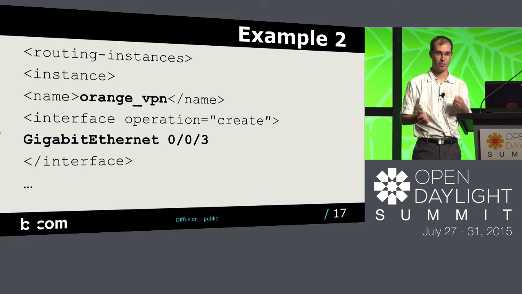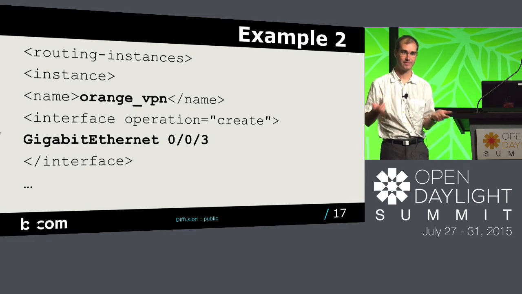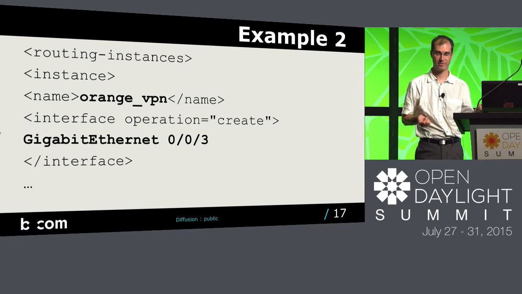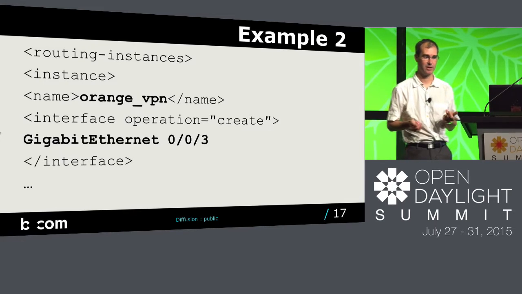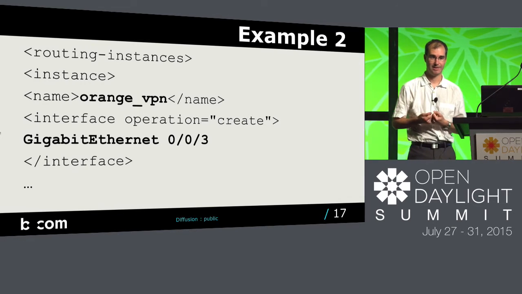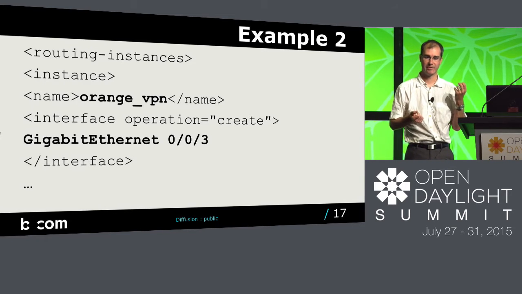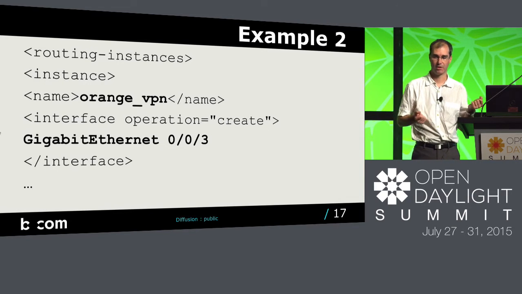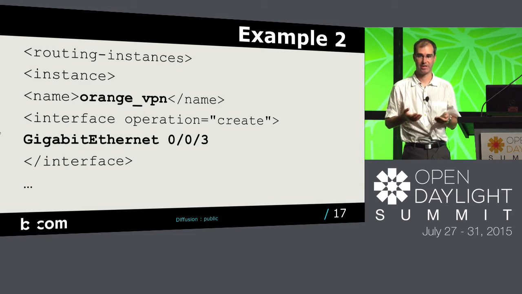So if you want to deal with several devices from several vendors, you have to deal with several formats for configuration elements. And again, it's not something we want to do, to have device-specific code when you're writing an application to automate a service.